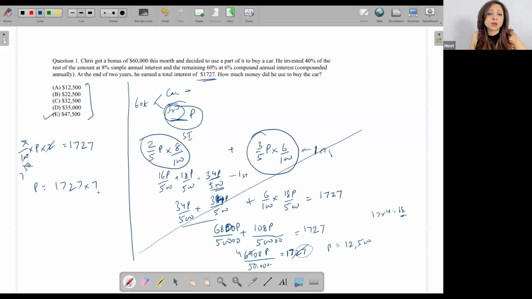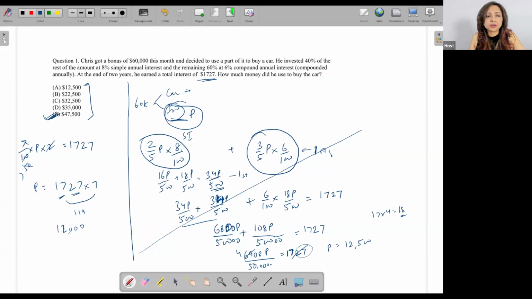Now again, the tables come into the picture. I know 17 times 7 is 119. So I'm getting about 11,900, with these two zeros also there, so about 12,000 as the answer. So my P is about 12,000, which means that of the given options, the only thing that is possible is E.